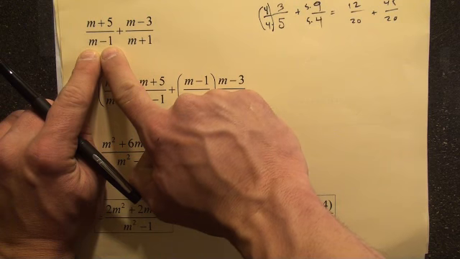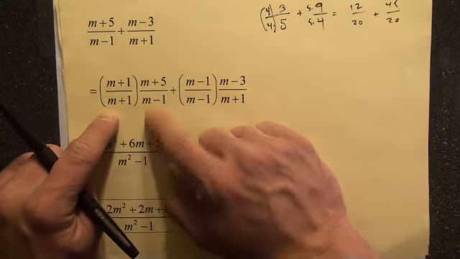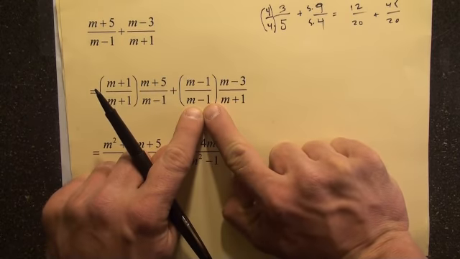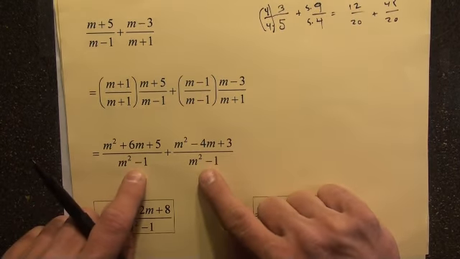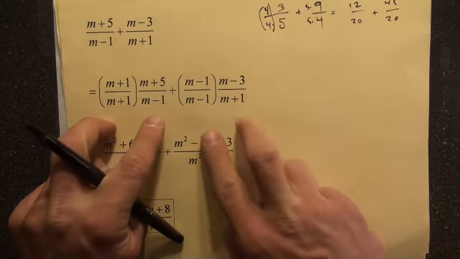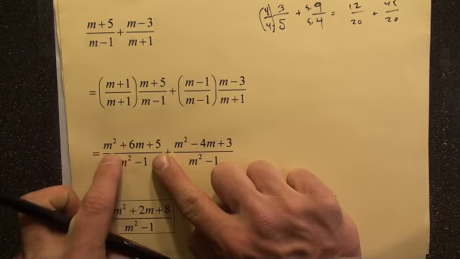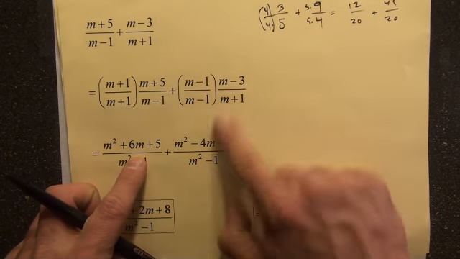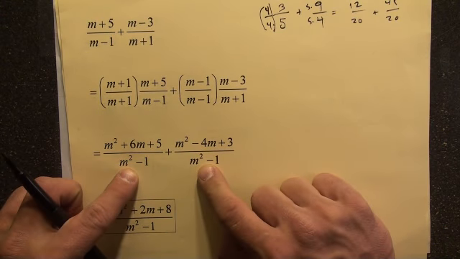We're going to do the same exact thing. We're going to take this m minus 1 and multiply it by m plus 1 over m plus 1. m plus 1 is missing m minus 1, so m minus 1 over m minus 1. Now you have a common denominator of m squared minus 1 when you multiply these two out. Then we multiply the numerators: m squared plus 6m plus 5, m squared minus 4m plus 3. Common denominators now.